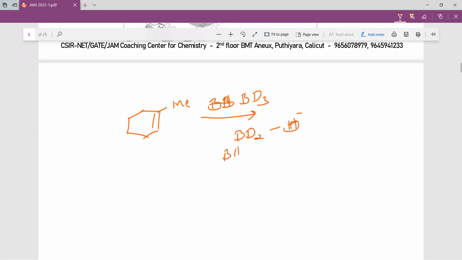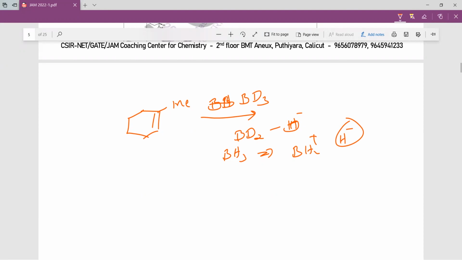Normally we use BH3. BH3 will split into BH2 plus and H minus. That is how it is splitting. So here hydrogen is leaving as an H minus species, so we'll get an anti-Markovnikov product. That's the stereochemistry of the reaction.